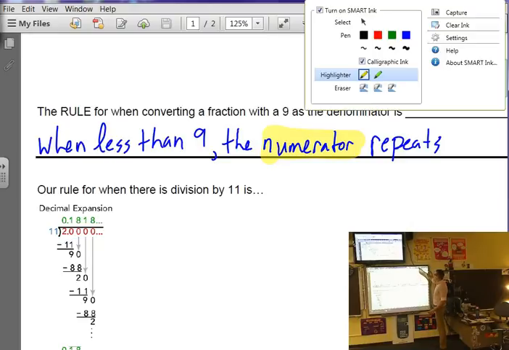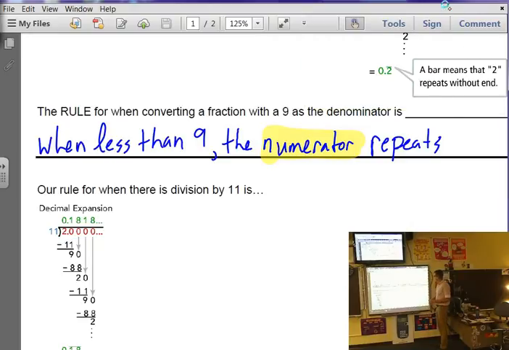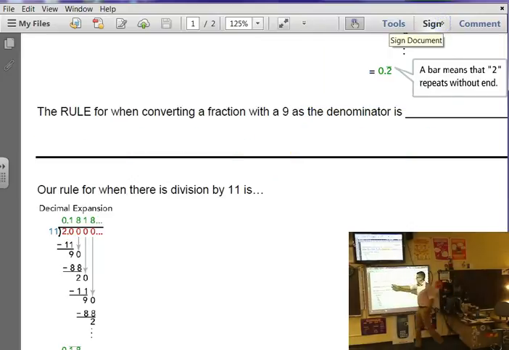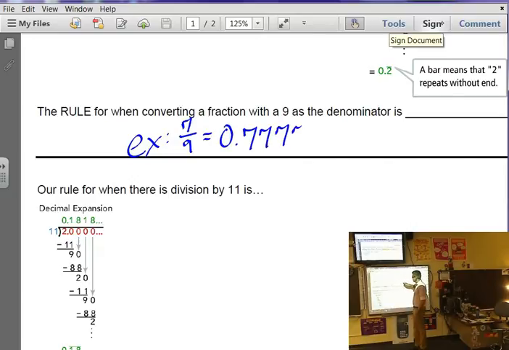And then I would give another example if I was you. So I would, on your line, put like example 7/9, because we haven't done that one. It would be 0.7777, and it just repeats forever.